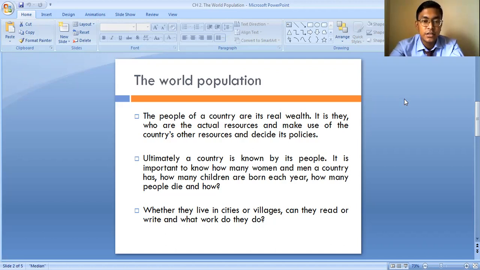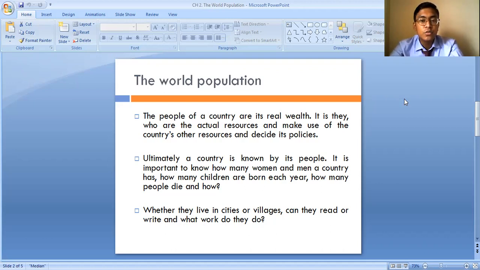Everything in this world gets its importance only when it has some relation with the people. Similarly, the resources of a country or region gain importance when they are being used for human beings.